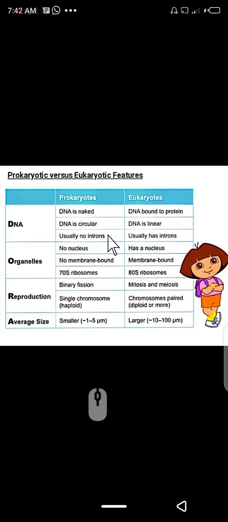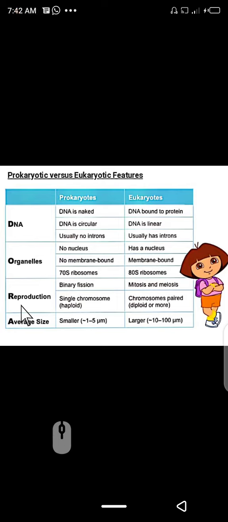And then organelles: here, no nucleus, no membrane-bound organelles, 70S ribosomes. Eukaryotes have a nucleus, membrane-bound organelles, 80S ribosomes.